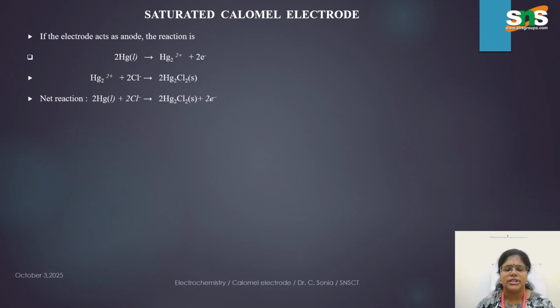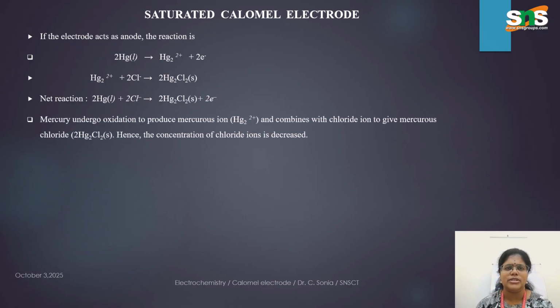So the net reaction is mercury plus chloride ion to give Hg2Cl2 plus 2 electrons. Mercury undergoes oxidation and combines with the chloride ion to give mercurous chloride. The concentration of the chloride ion is decreased in this process.